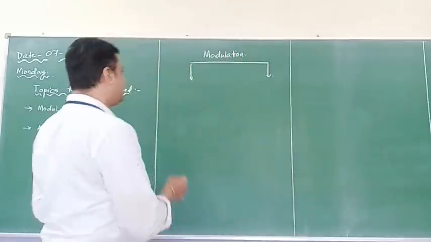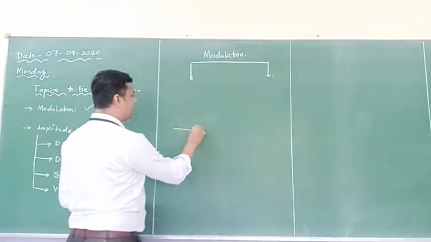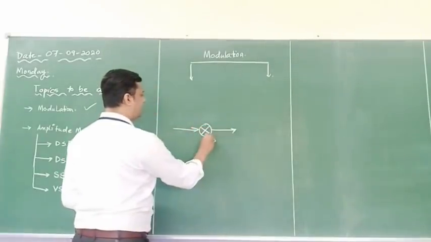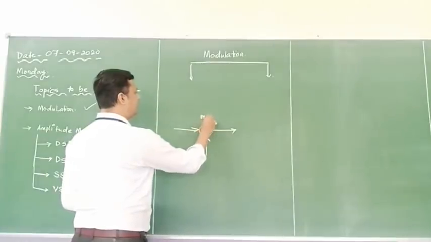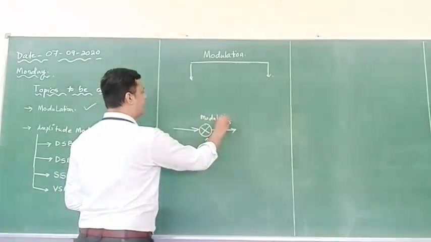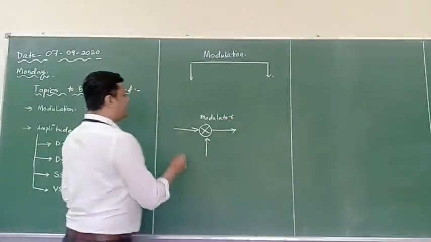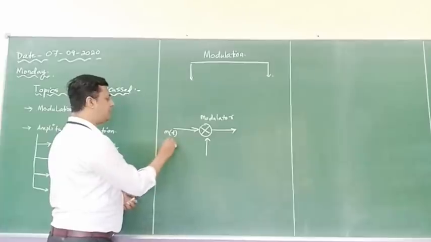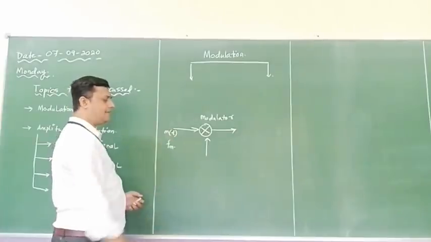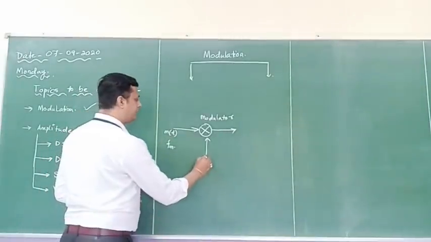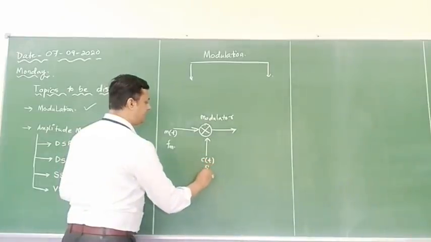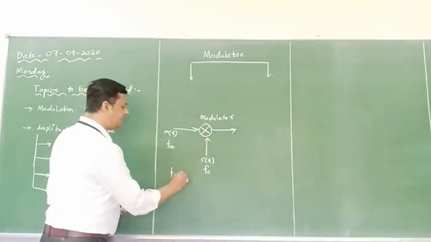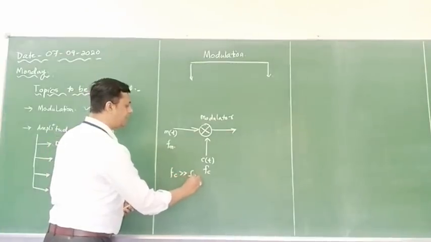These are block diagrams which we have already gone through in the previous slide. This is called a modulator, in which one input is the message component, which is a low frequency component, FM, and one is the carrier component, which is the carrier frequency FC, and the condition is FC must be much greater than FM.